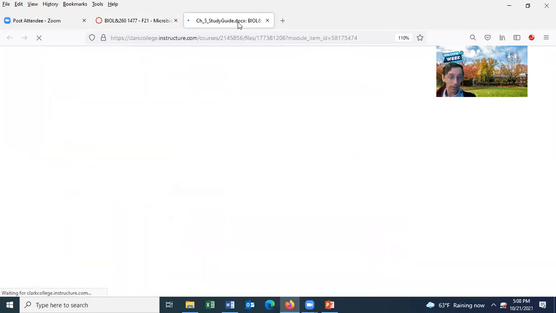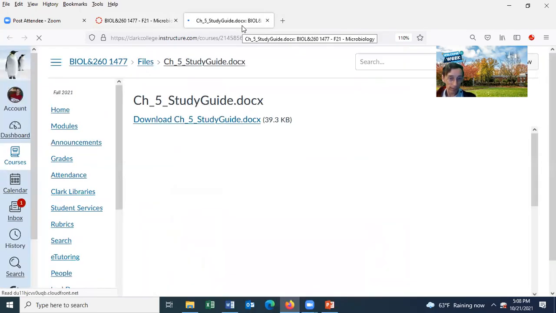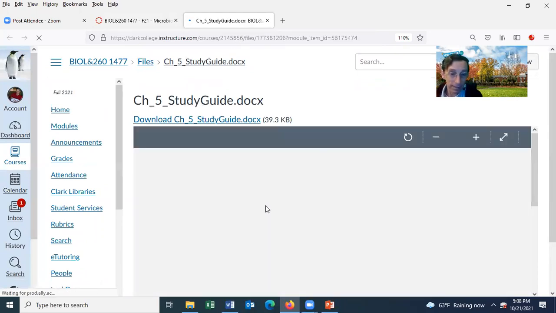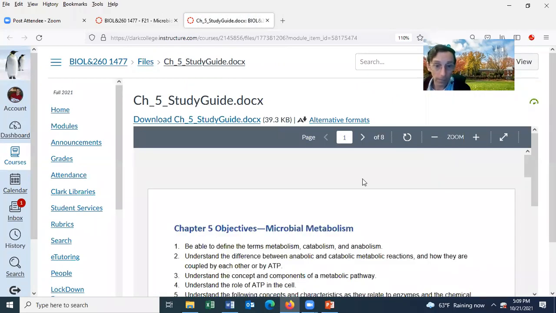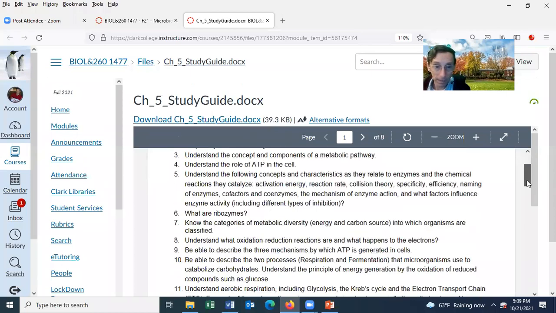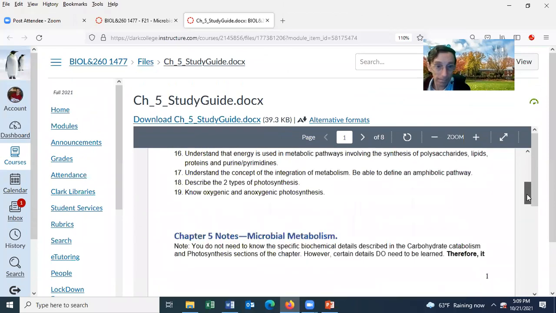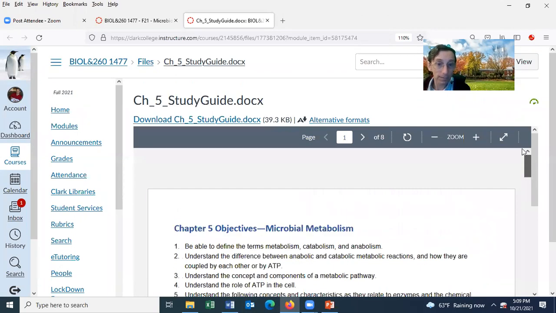And if you know all of the objectives, you should do very well on the quizzes, at least for the lecture part, because the objectives are essentially everything we'll cover. There we go, chapter 5, microbial metabolism and the objectives. And let's see how many there are. There's 19 objectives.